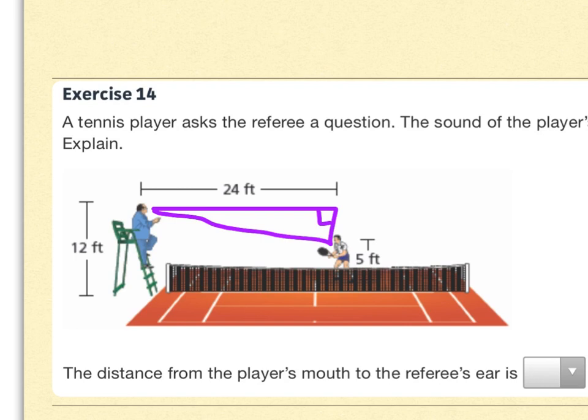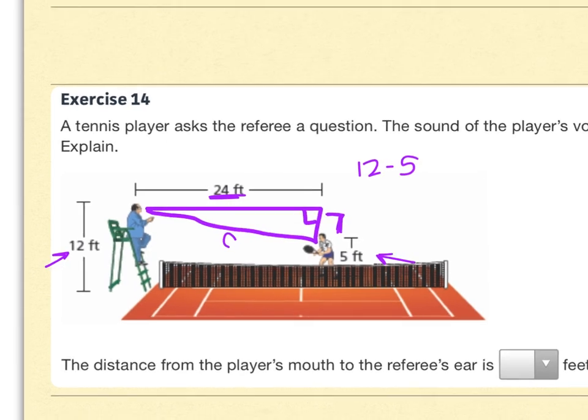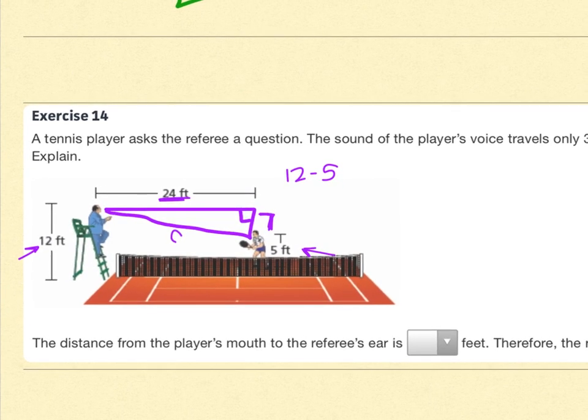So if he's 12 feet above the ground and the player is 5 feet tall, 12 minus 5 is 7. That's how long this distance of our triangle would be, is 7. We already know the other leg is 24, and so we're missing the hypotenuse, C, which is the distance between both of their faces, I suppose you could say.